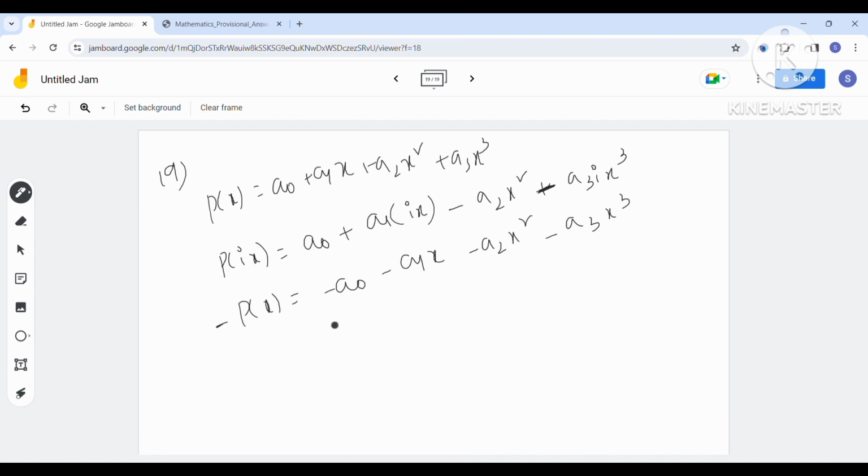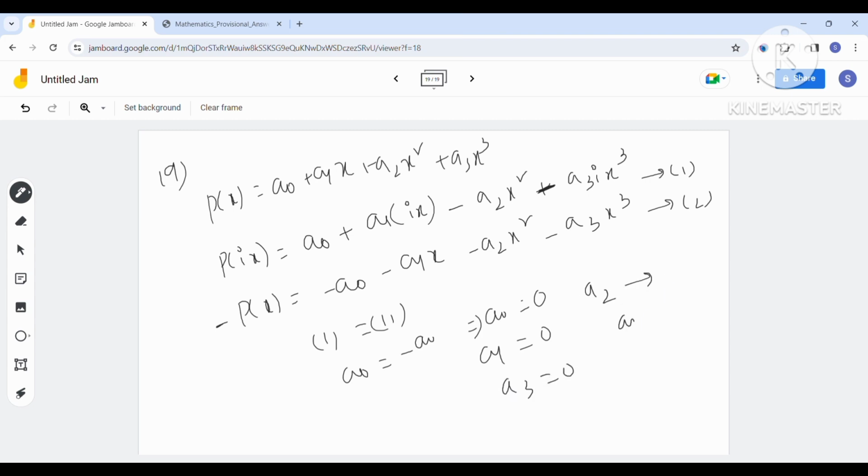If I equate these two equations, say this is 1 and this is 2, 1 equal to 2, then you will have a0 equal to minus a0. That means a0 is 0, a1 also becomes 0, a3 also becomes 0, but a2 can be anything, right? A2 can be anything, but a0, a1 and a3 become 0.